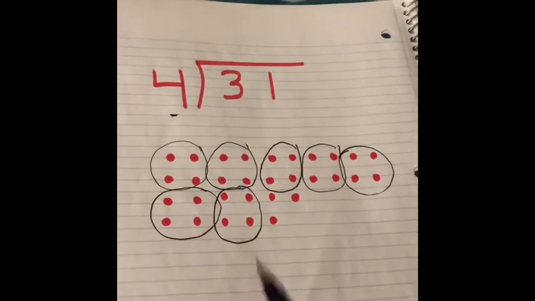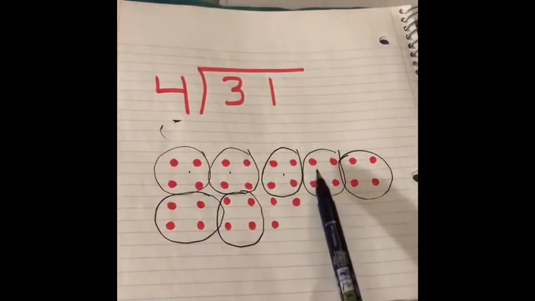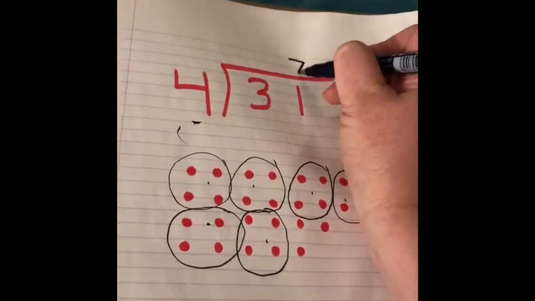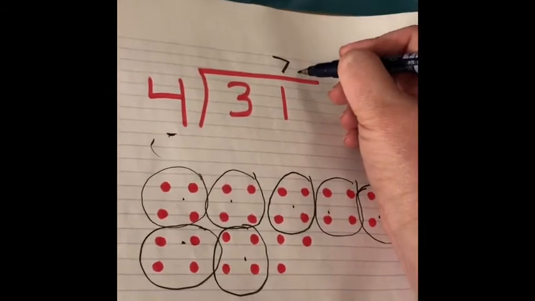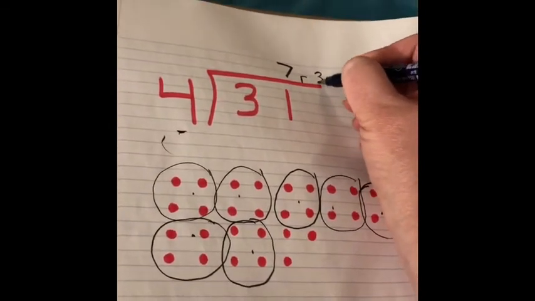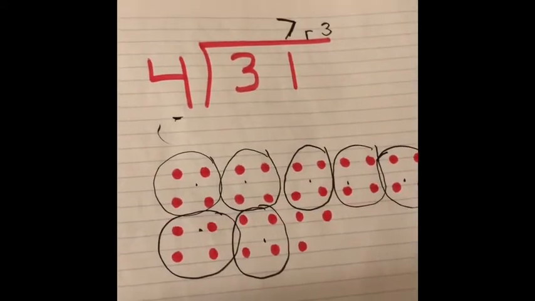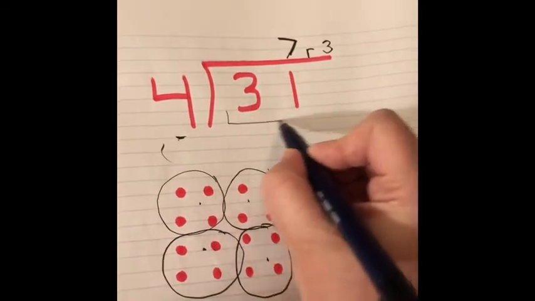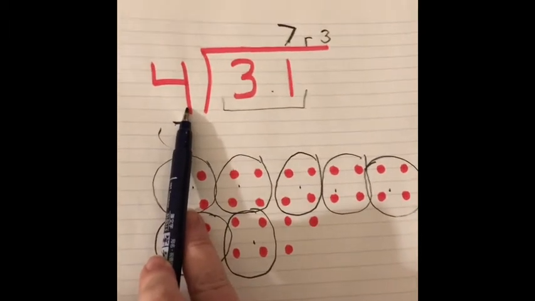So how many groups of 4 were we able to make? 1, 2, 3, 4, 5, 6, 7, with a remainder of 3. Let me show you how you could have done that skip counting style. Your target is 31, and you're walking towards your target 4 steps at a time.